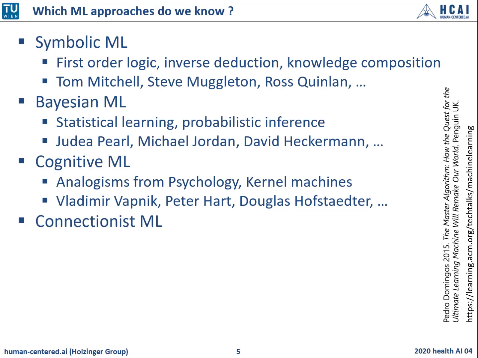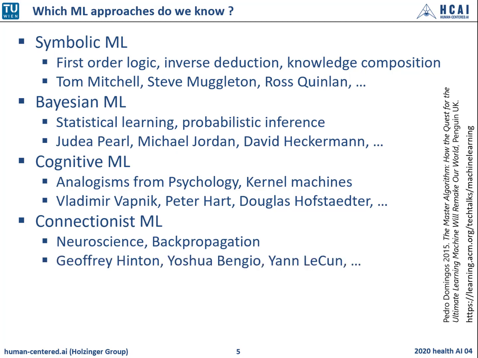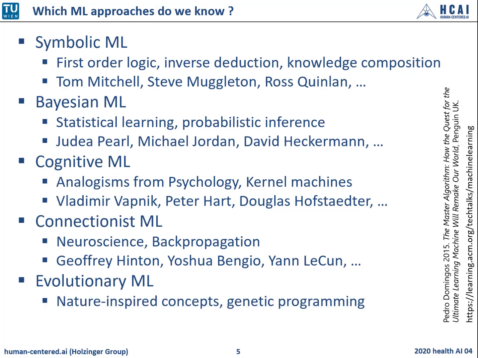And then there are the connectionist machine learning approaches, neuroscience, backpropagation. This is typically Geoffrey Hinton, Yoshua Bengio, Yann LeCun. And then we have the evolutionary machine learning approach, which is based on nature-inspired concepts, for example, genetic programming.